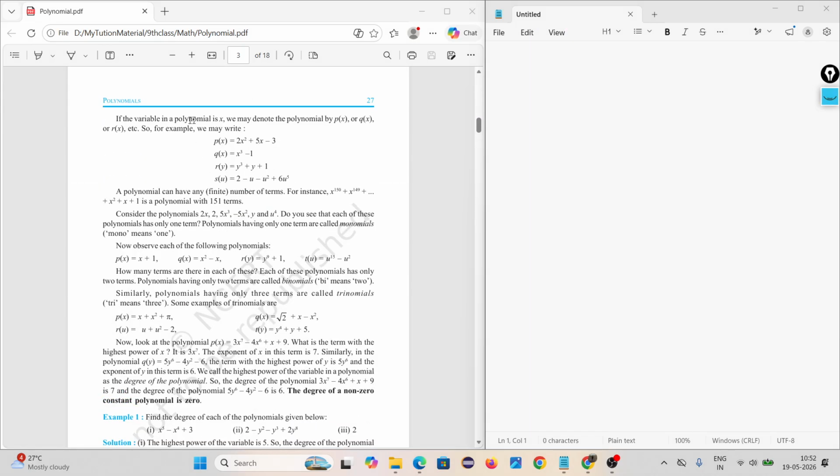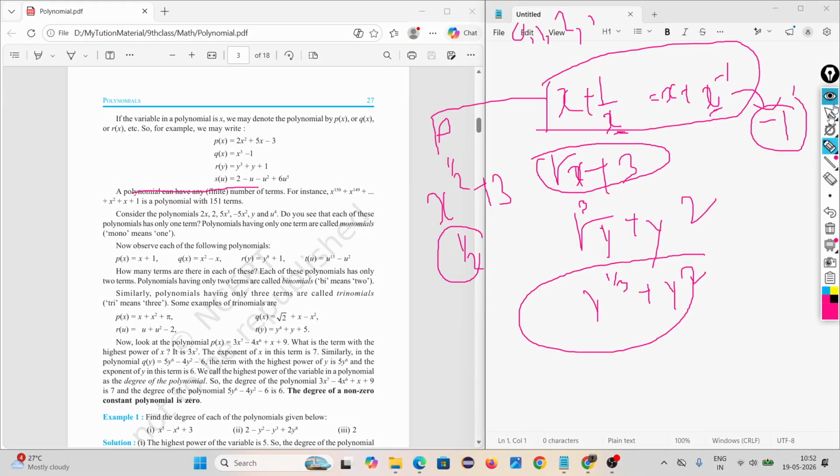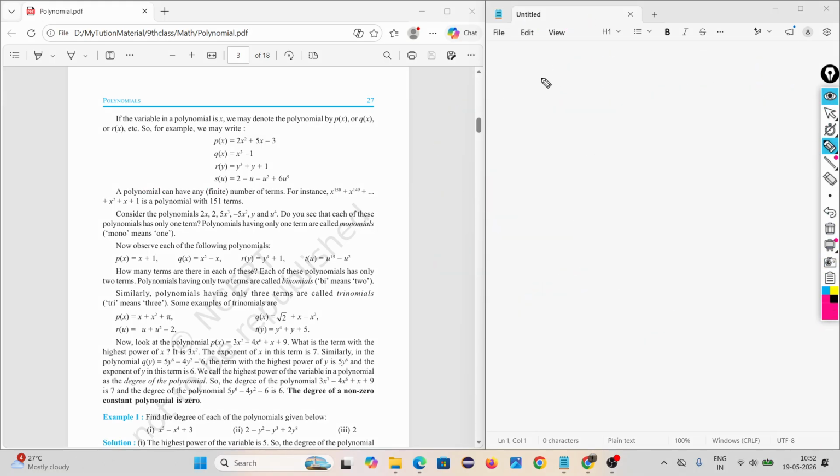If the variable in a polynomial is x, we may denote the polynomial with p of x or q of x or r of x. So for example, suppose there is a polynomial having variable x, I can write this as p of x.